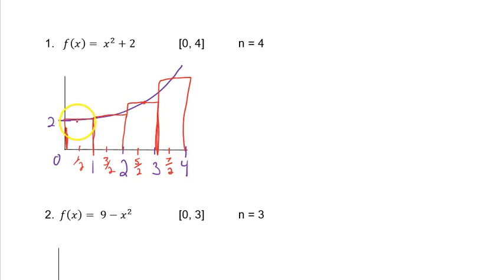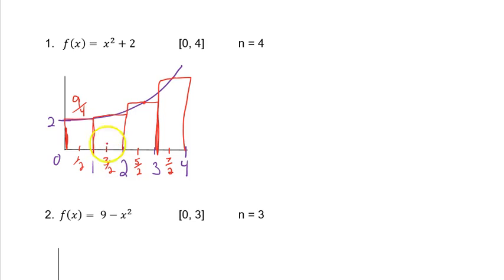And now we're going to go in and find out what those heights are, because we're still going to do base times height to get our area of a rectangle. We're going to plug those x values that were the midpoints into that original function so that we can get the correct heights. So if I do 1/2 squared, I'll get 1/4 plus 2. 2 would be 8/4, so that would be 9/4 altogether.